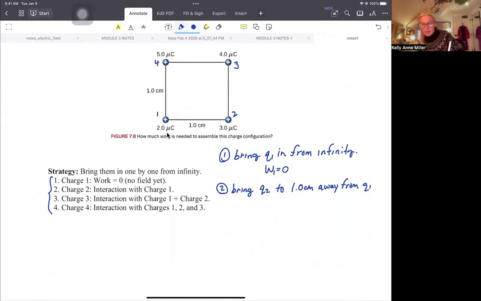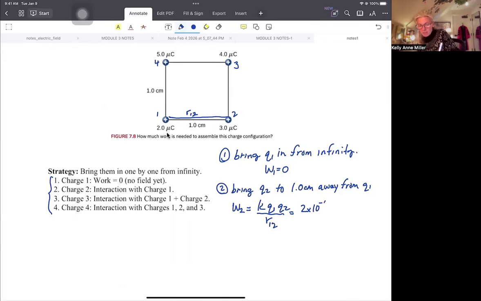So to calculate it out, let's call this W2. It's just gonna be K times Q1 times Q2 divided by R. And what R? It's the R between, it's this R, right? This is R1,2. Okay, so it's the R separating those out. So I would just multiply the charges.